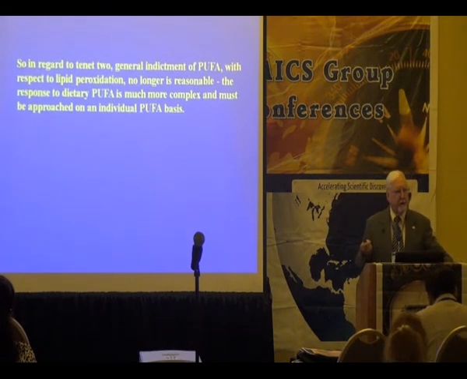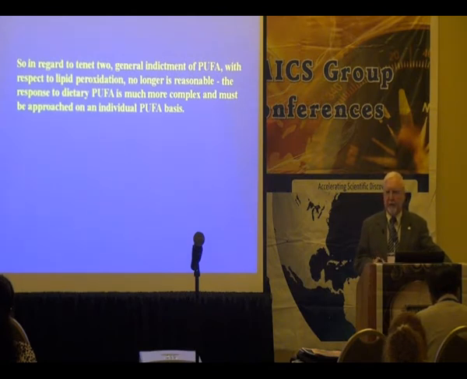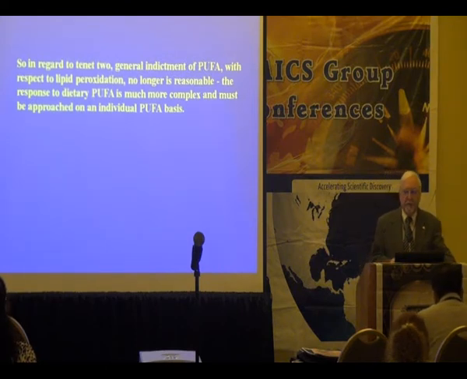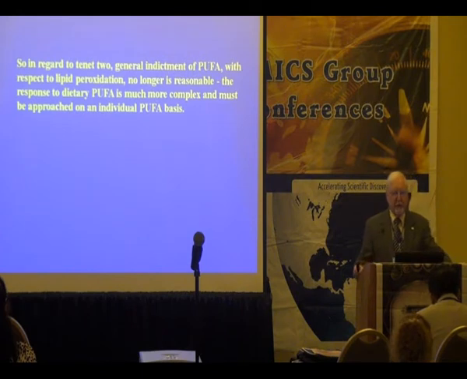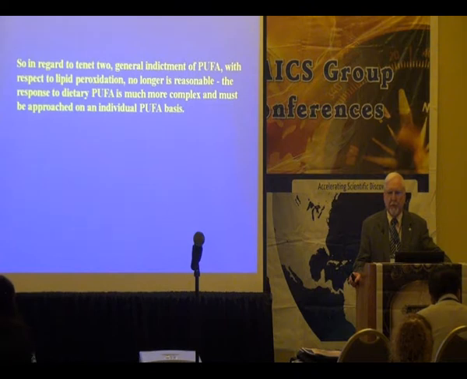So in regard to this tenet 2, that Harman suggested, a general indictment of polyunsaturated fatty acids with respect to lipid peroxidation no longer is a reasonable tenet. The response to dietary polyunsaturated fatty acid is much more complex and has to be approached on an individual polyunsaturated fatty acid basis.